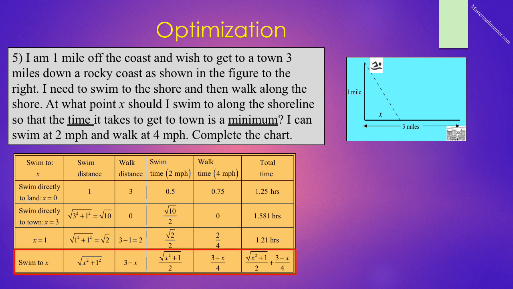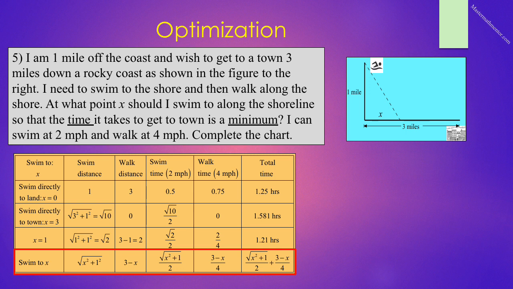Can we do better? That's where calculus comes in. So if we swim to point X, our swimming distance is the square root of X squared plus 1 squared, and our walking distance is 3 minus X. Therefore, our swim time is the square root of X squared plus 1 over 2, and our walking time is (3 minus X) over 4.